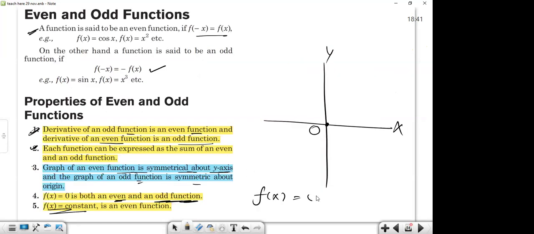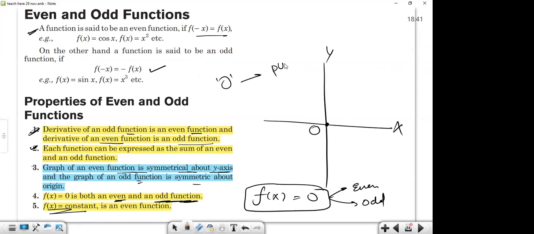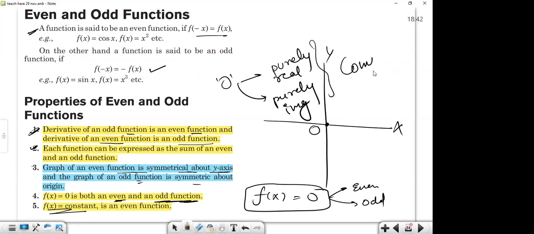Remember that f of x equals 0 is both an even function and an odd function. Also, 0 is both a purely real number as well as a purely imaginary number. We'll understand more about this in the complex number chapters.